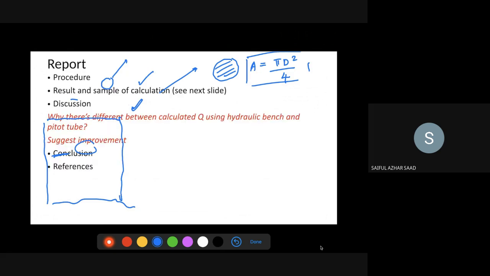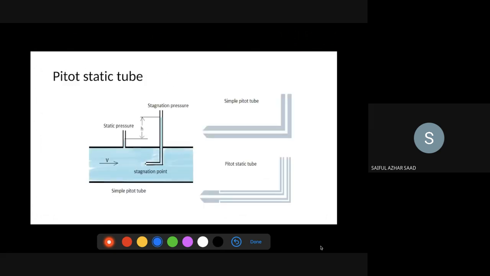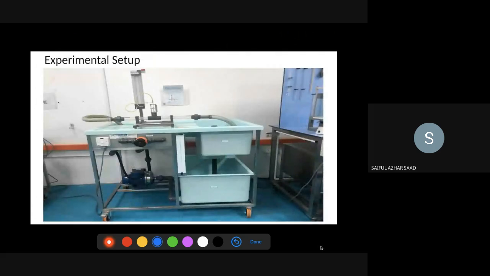This one is from this equipment here. Once I turn on my pump, the pump will pump the water from this tank, entering this pipe, passing through the pitot tube, and then it will come out here. Usually we close the valve over here when I want to measure the flow rate.